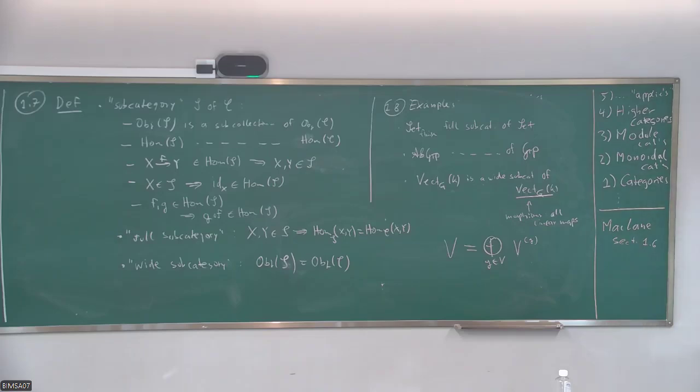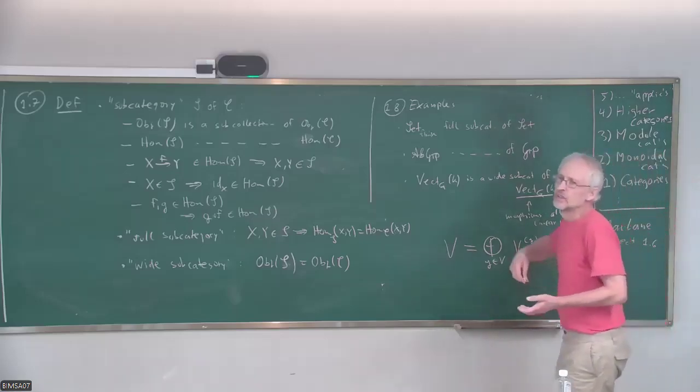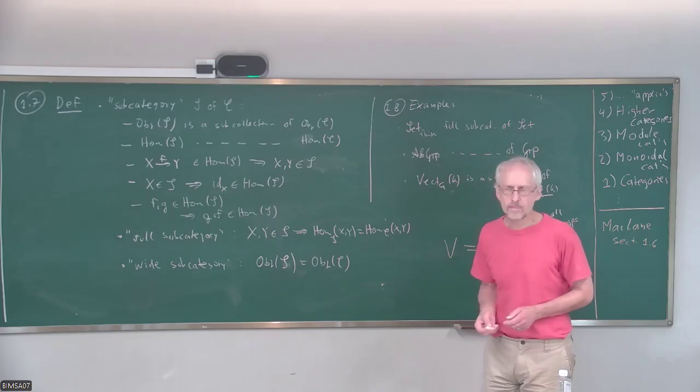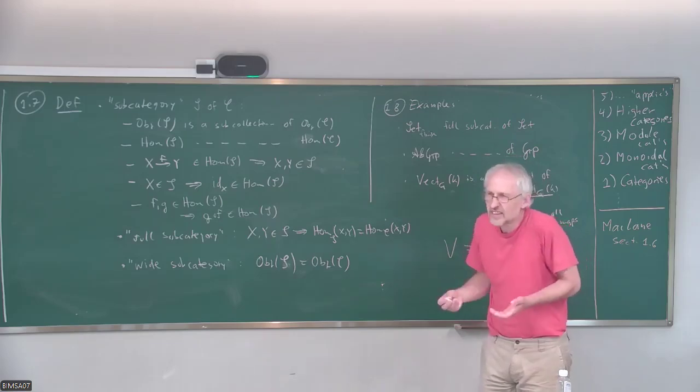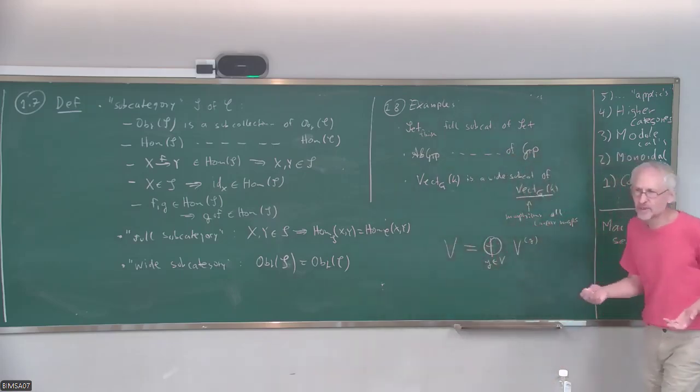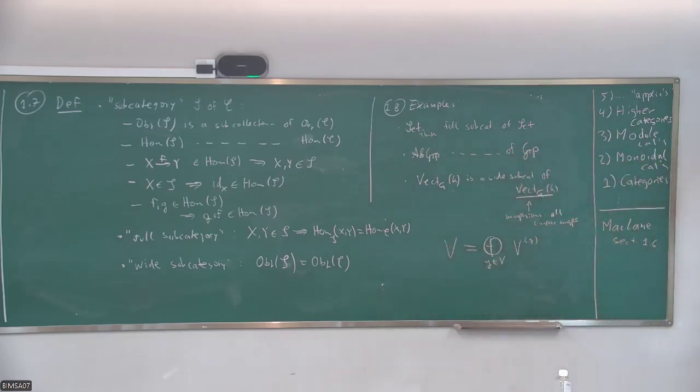If you allow for super vector spaces with both even and odd linear maps between them, then in a sense they're just vector spaces with all linear maps. But you do not think of an object there just as a vector space, but as a vector space which has a bosonic and a fermionic component.